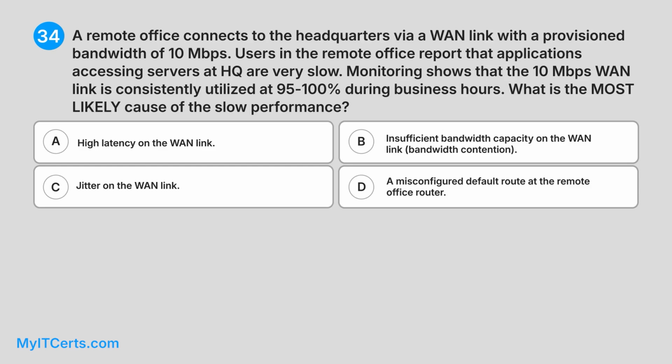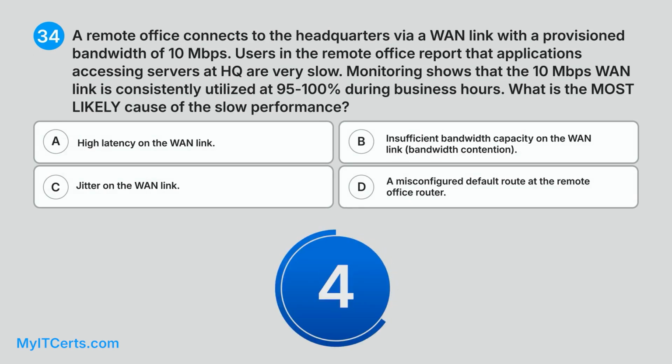What is the most likely cause of the slow performance? A. High latency on the WAN link. B. Insufficient bandwidth capacity on the WAN link. Bandwidth contention. C. Jitter on the WAN link. D. A misconfigured default route at the remote office router. What do you think is the answer?